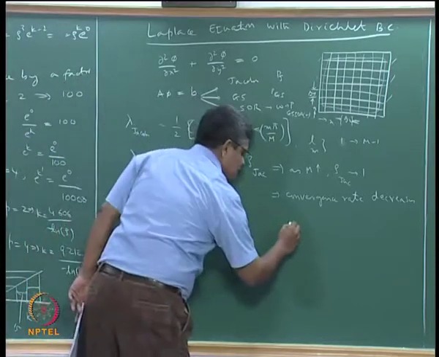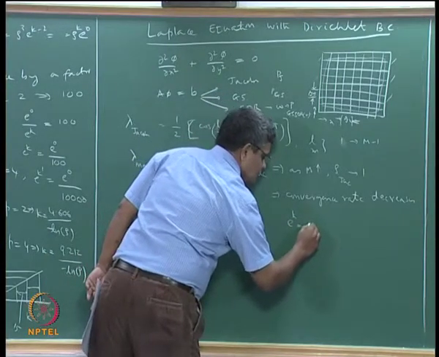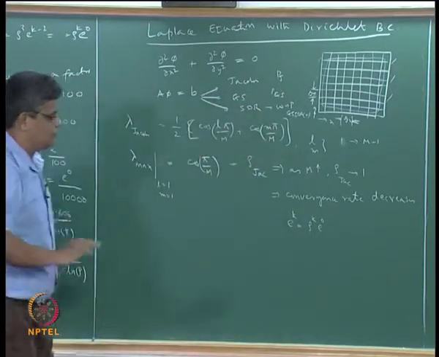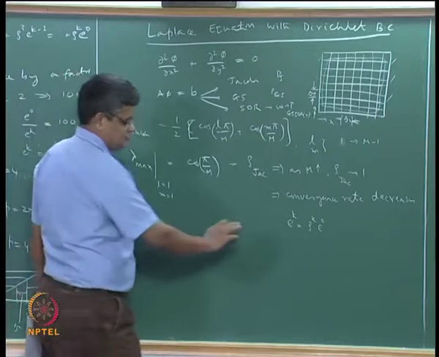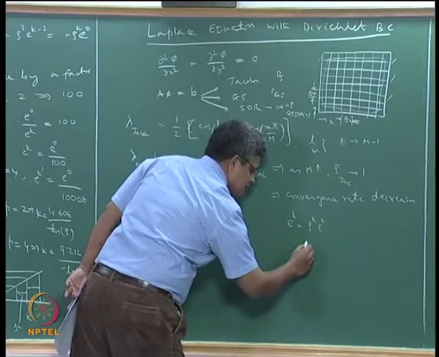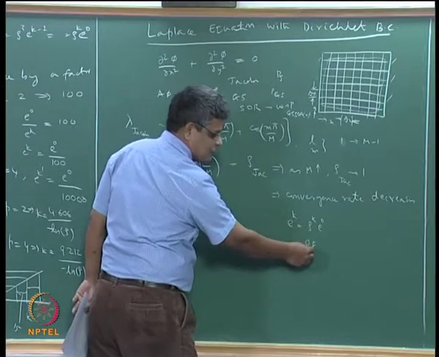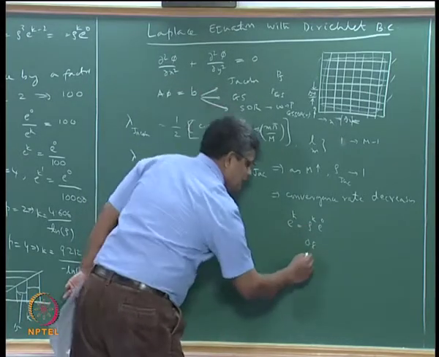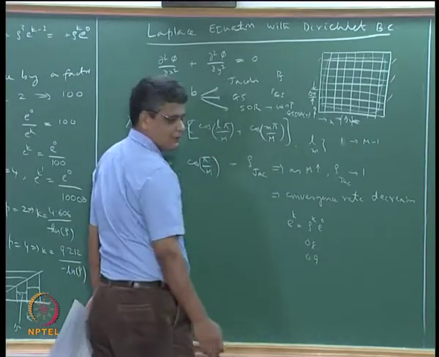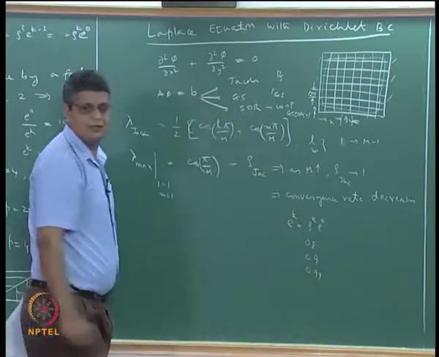Because we have said that epsilon^k is equal to rho^k times epsilon^0, roughly speaking, for large values of k. So if rho is of the order of 0.8, then per iteration the error is reducing by a factor of 20%. If rho is 0.9, it is only reducing by 10%. If it is 0.99, per iteration it is reducing only by 1%.